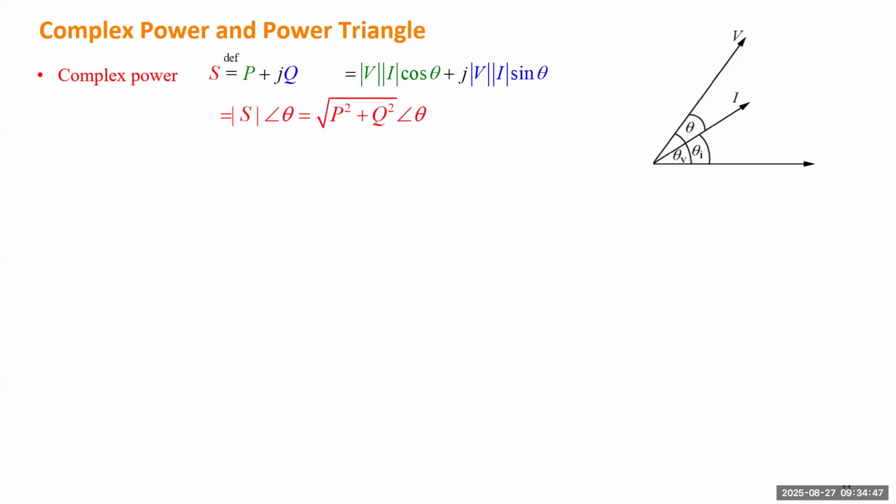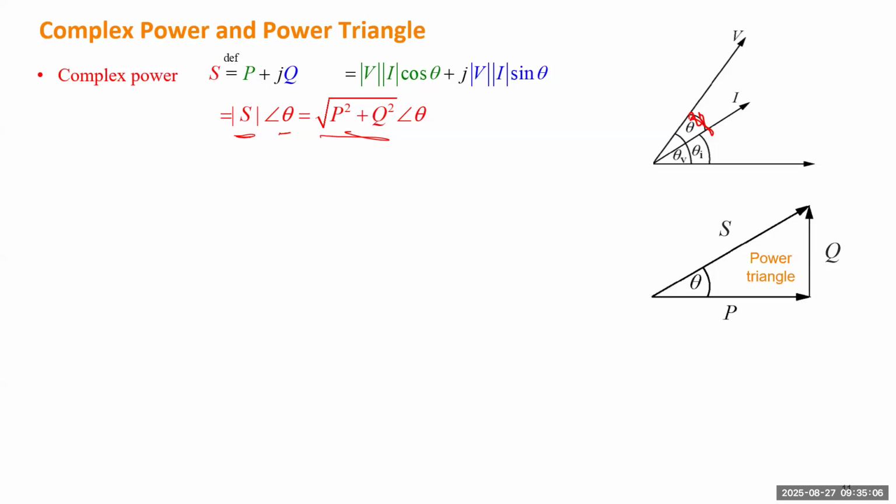Okay, so we know the magnitude will be the apparent power, and theta here is the same theta between voltage and current. So if you know P and Q, you can calculate the apparent power using the Pythagorean theorem.